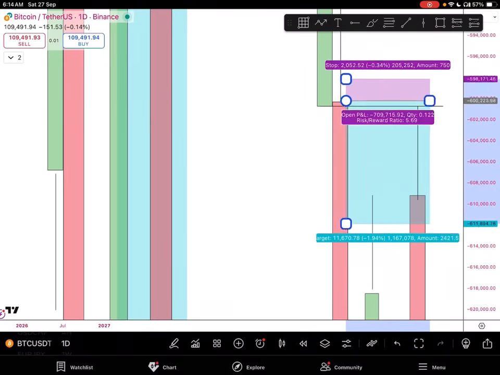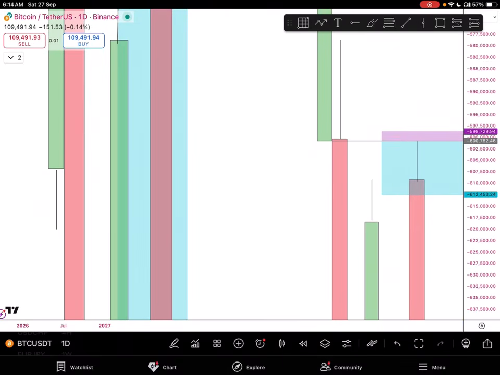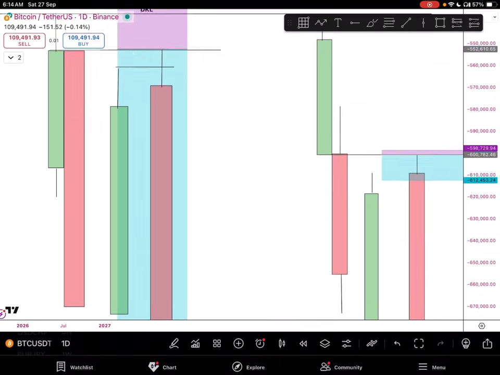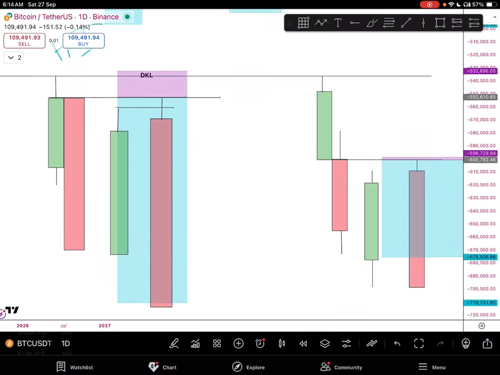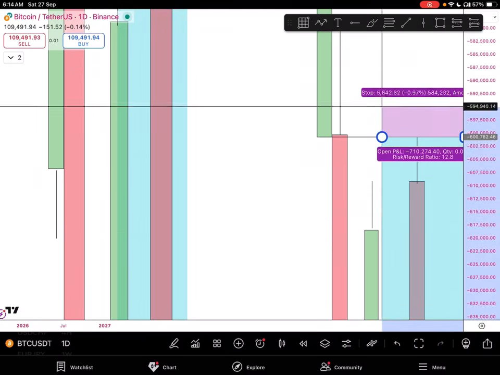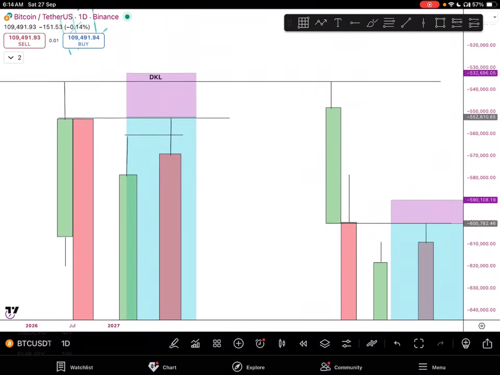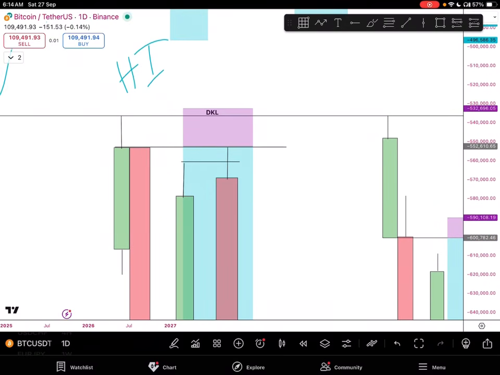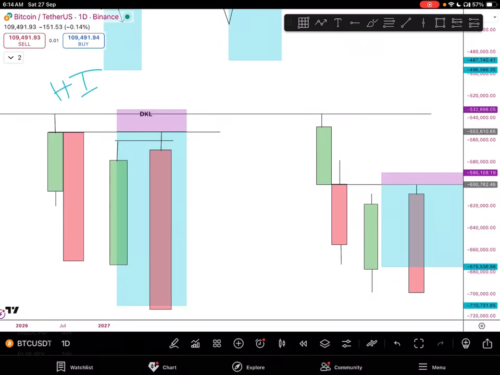Okay, so here I will give you my entry like this, and I will target up to this low. So understand what I'm mentioning. So these are the types of confirmation entries which I will look for.